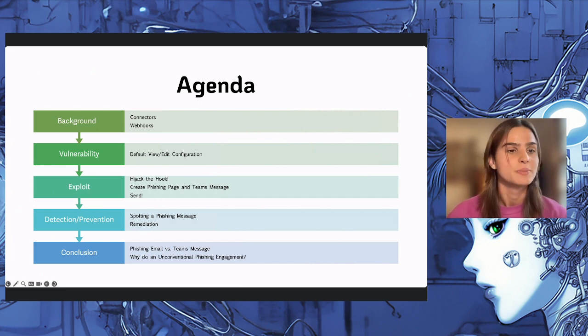After I go into that exploit, I'm going to talk about some detection and prevention procedures. So we have this exploit, what can we do to prevent it? And then just a conclusion of why do a Teams phishing engagement versus the normal email type of engagement at your company, and some pros and cons there.